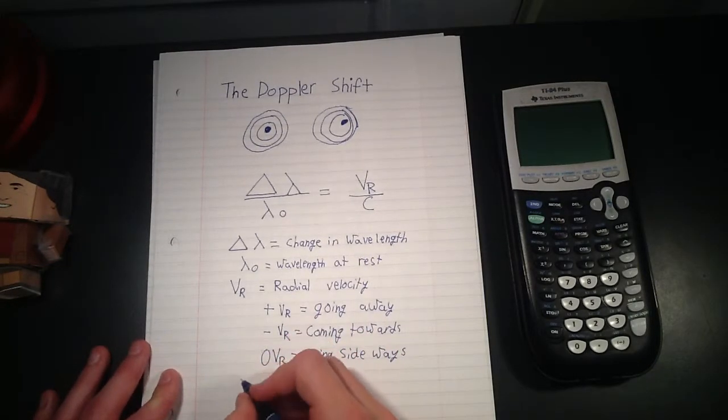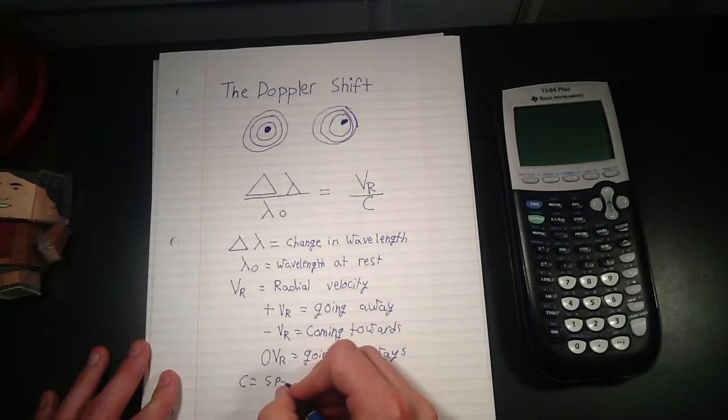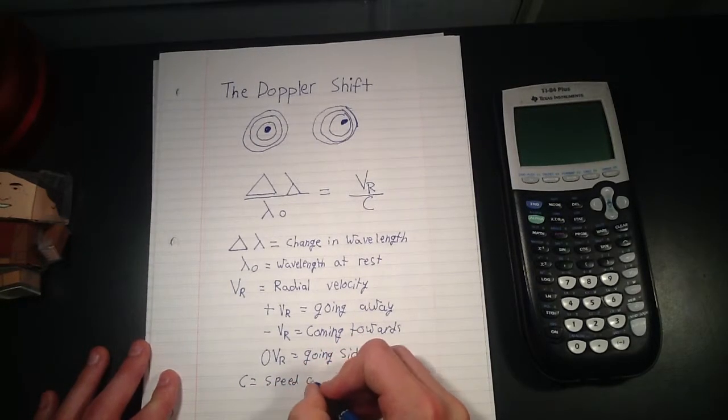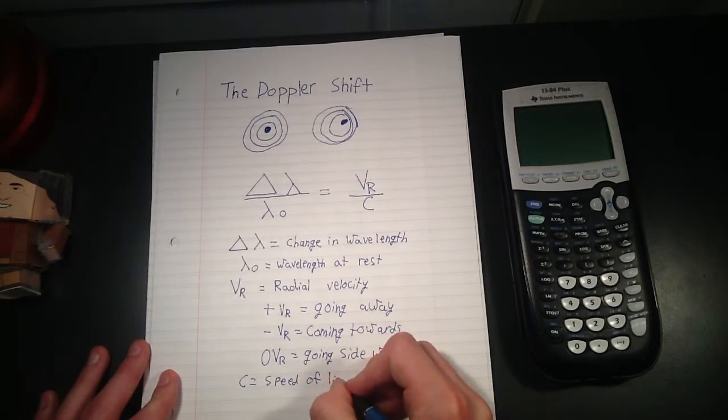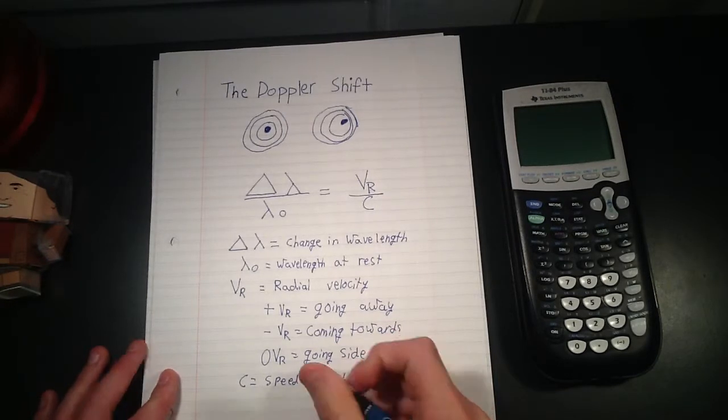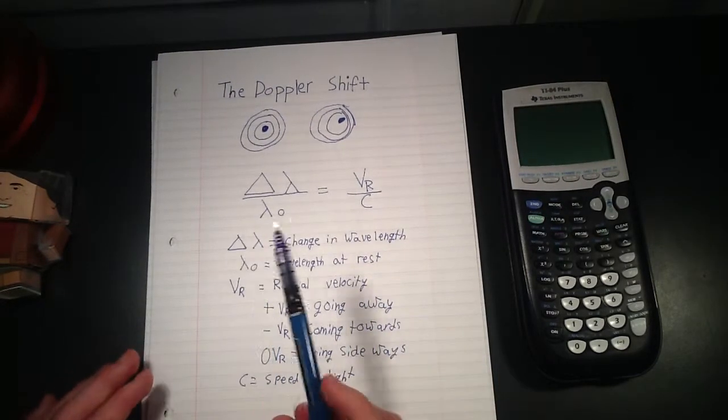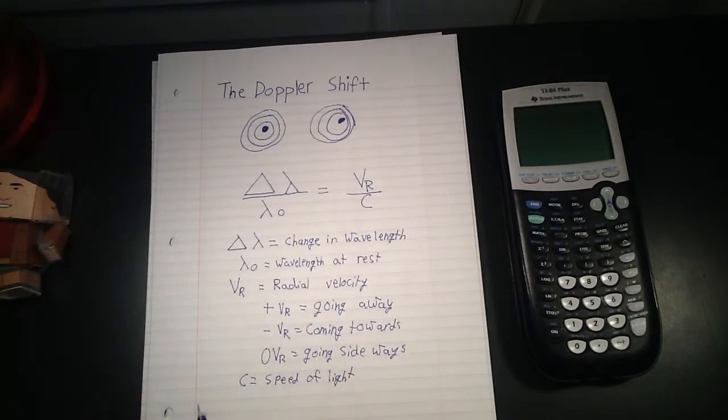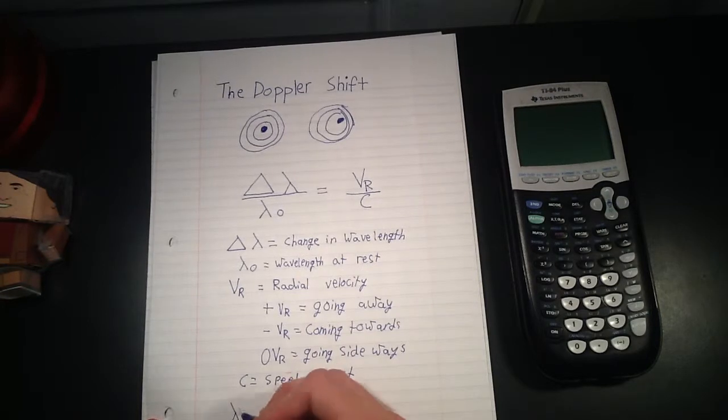C, if you remember from E equals mc squared, c equals the speed of light. Now there's another small equation within this equation that helps us out a bit, and that is lambda observed.